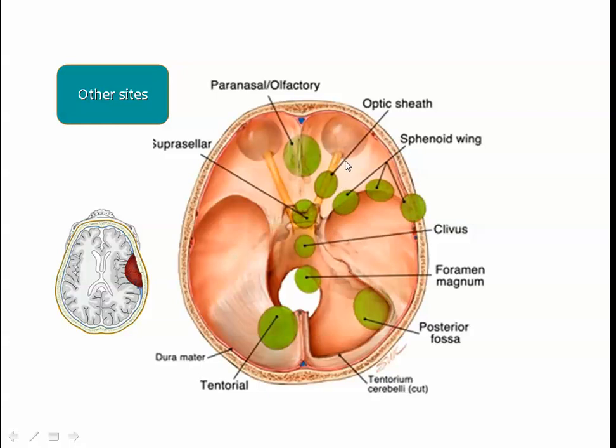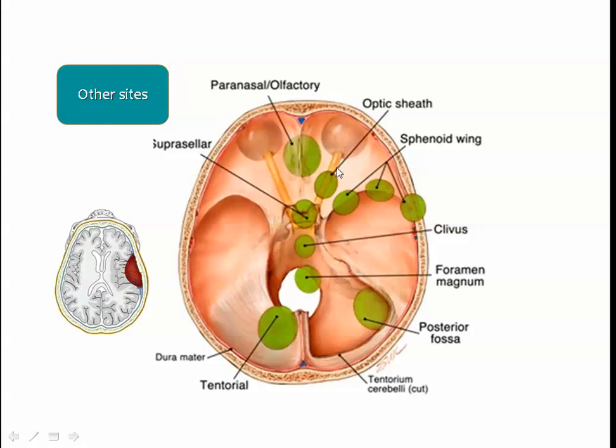And meningioma arising from the optic nerve is known as optic nerve or optic sheath meningioma. And you all know that the optic nerve does not give a neurofibroma. It has no neurolemmal sheath. The optic nerve gives a glioma of the optic nerve fibers and the meningioma from the meningeal covering of the optic nerve.